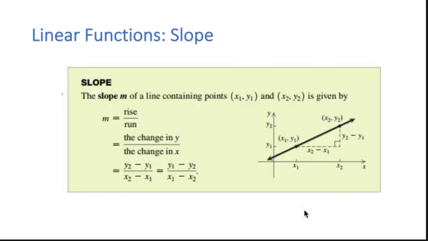The definition of slope. There's a lot of ways that you can think about it. The slope of a line containing these 2 points is given by this equation, y2 minus y1 over x2 minus x1. Now, where that comes from, it is the change in y over the change in x. You're going to learn a lot about that if the next class you take is calculus. You're going to be doing a lot with the change in y and change in x.